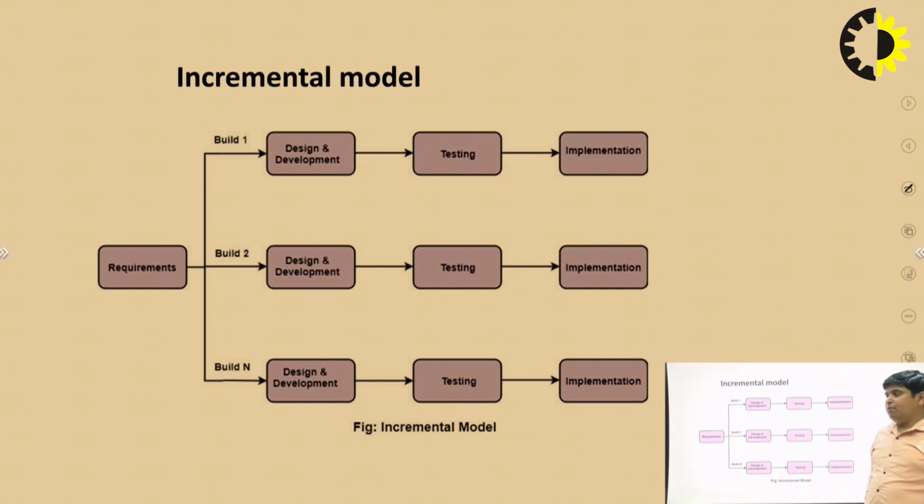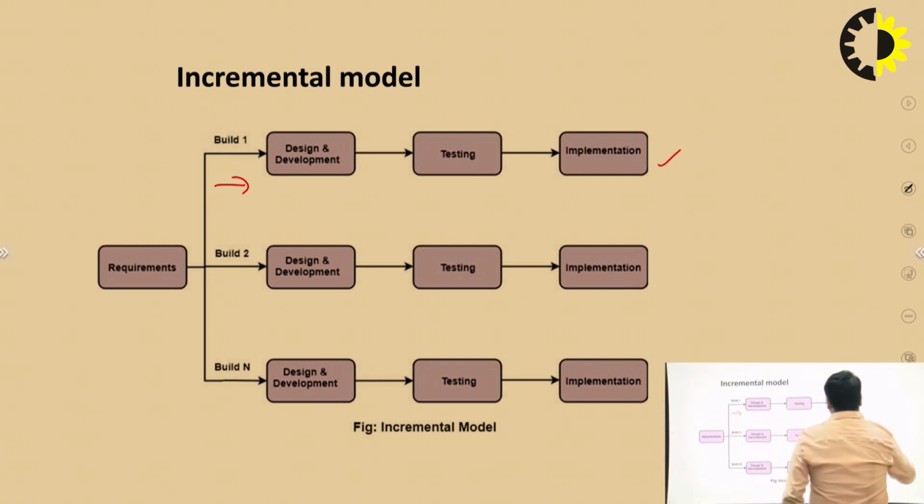Now the incremental model. Incremental model means, you will see here, first we gather the requirements. We start our builds. In the builds, we develop the system. Finally, we implement the system, and after the implementation, we have to find out some little issues, little problems, which were not covered during build 1.